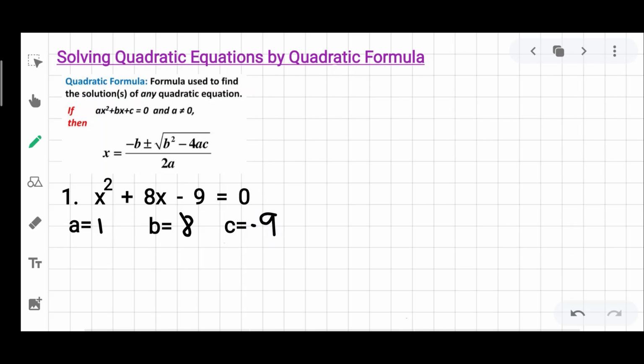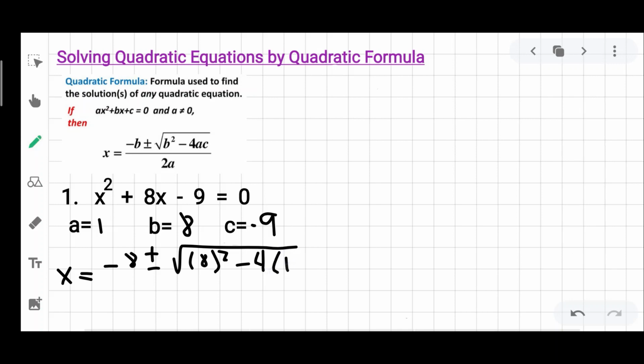Okay, so ngayon pwede na tayong gumamit ng quadratic formula, which is x equals negative. Sundan ko lang yung formula, negative, and then yung b natin is 8, plus or minus square root of, anong ulit yung b natin? 8, lalagyan ng squared. 8 squared, minus 4ac.